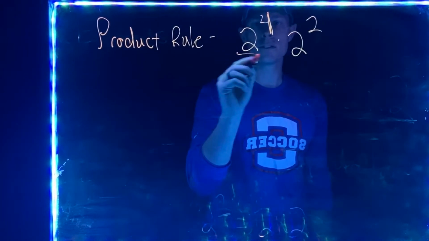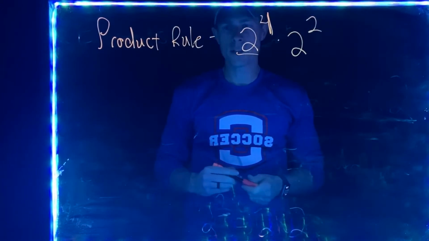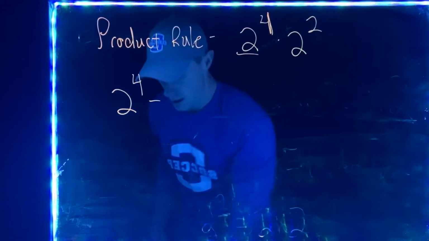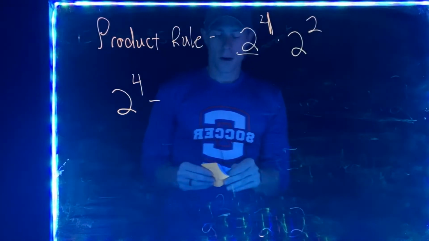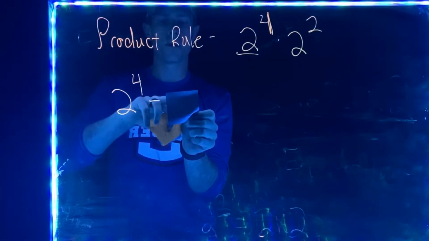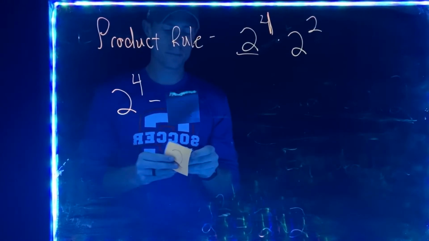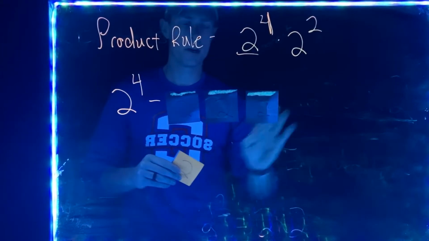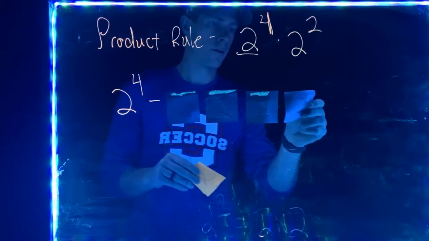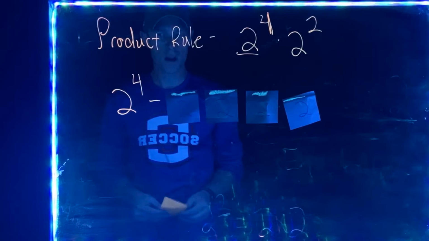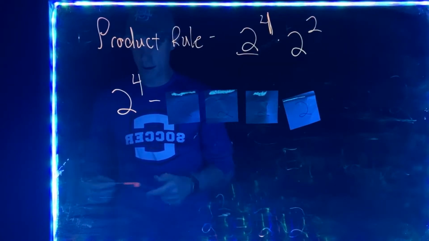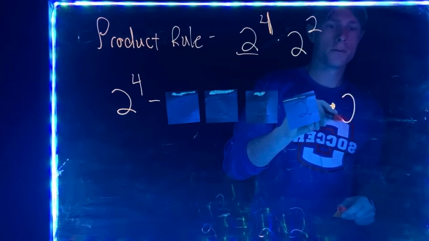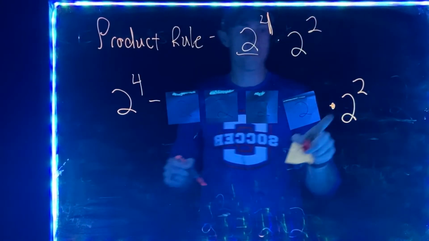Well, we know the base is 2, and so I'm actually going to write that out using sticky notes. 2 to the 4th power: 1, 2, 3, 4. And I'm multiplying that by 2 squared. Product rule means multiply.